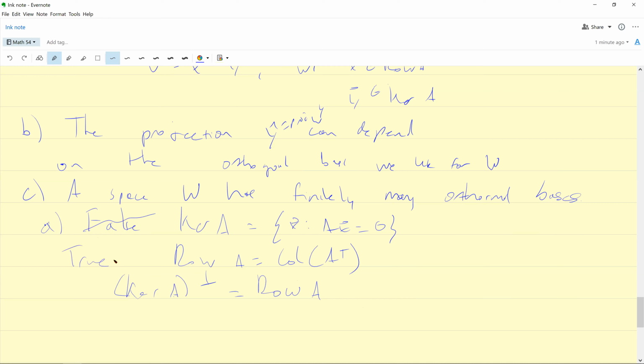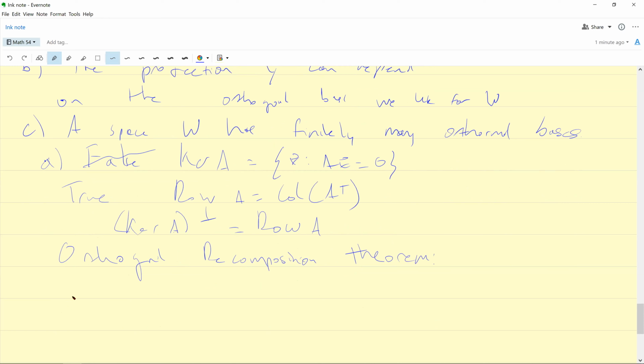And why is that true? The orthogonal decomposition theorem. Yep. If we have these two subspaces which are orthogonal complements of each other, then any vector can be written uniquely as a combination of one vector from each.